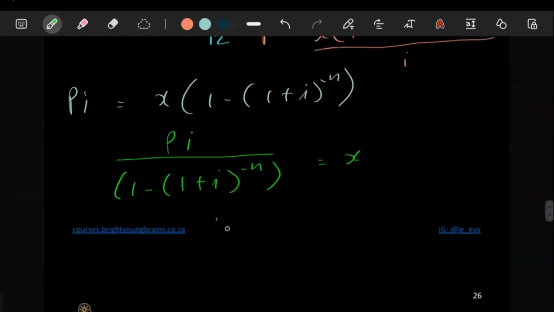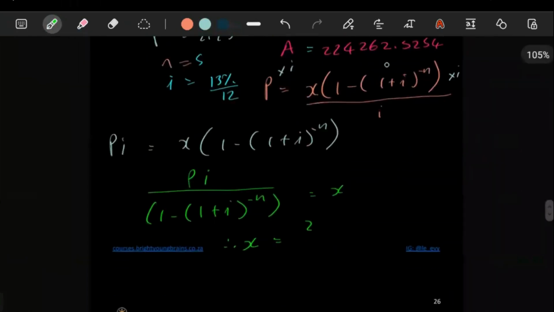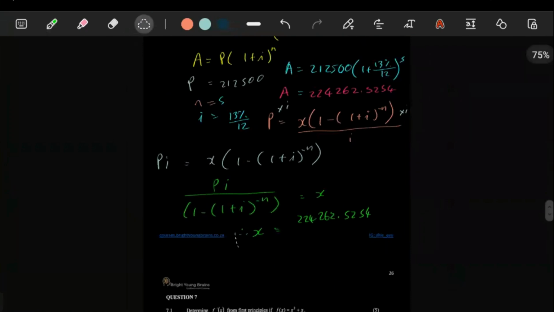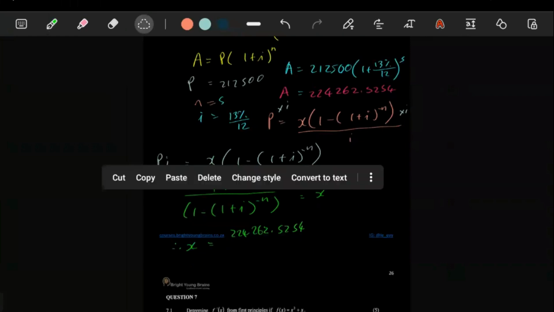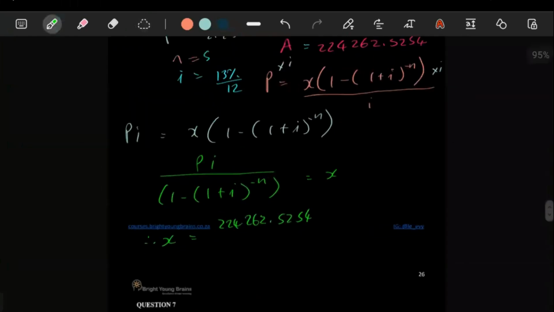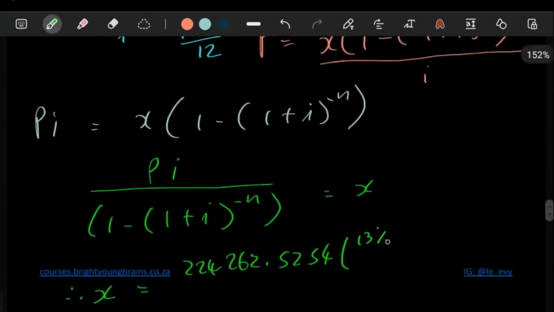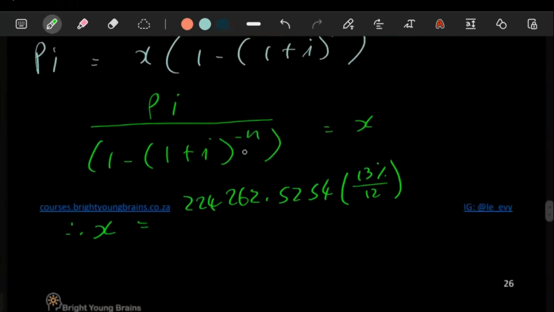So therefore your value of x is going to be 224,262.5254. And what else? Then you have the interest rate, 13% over 12, and the whole thing here. What is i?